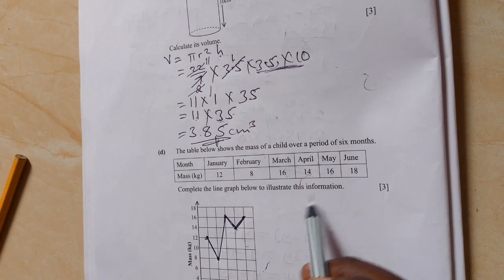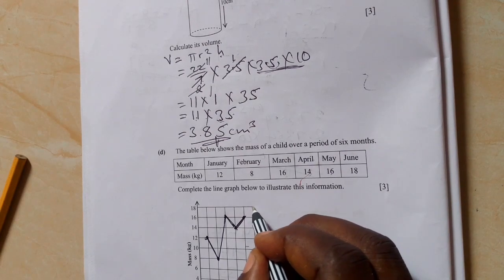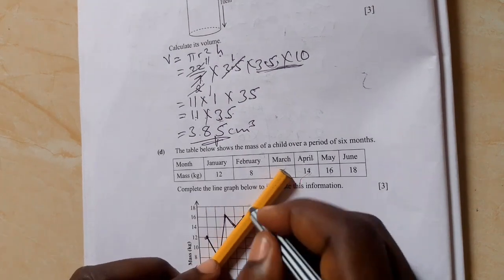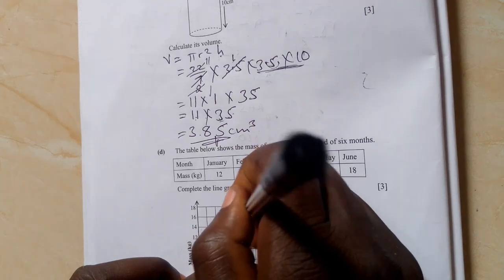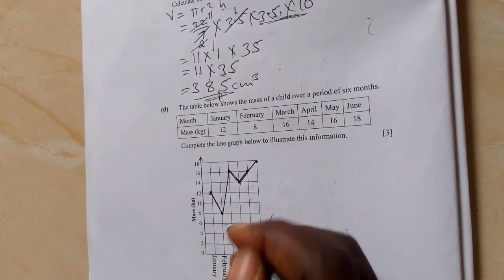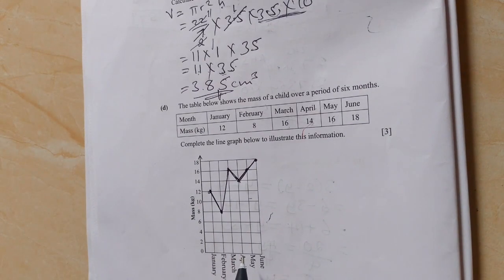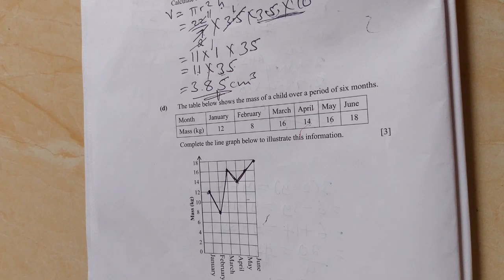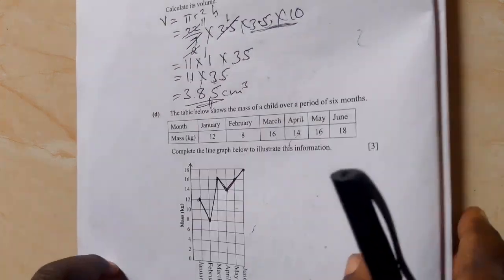June, that is 18. June here, 18. So that is your line graph. As you can see, it's just very simple. It's sad that when children or learners see the diagram, they become defeated. It's as simple as drinking water.